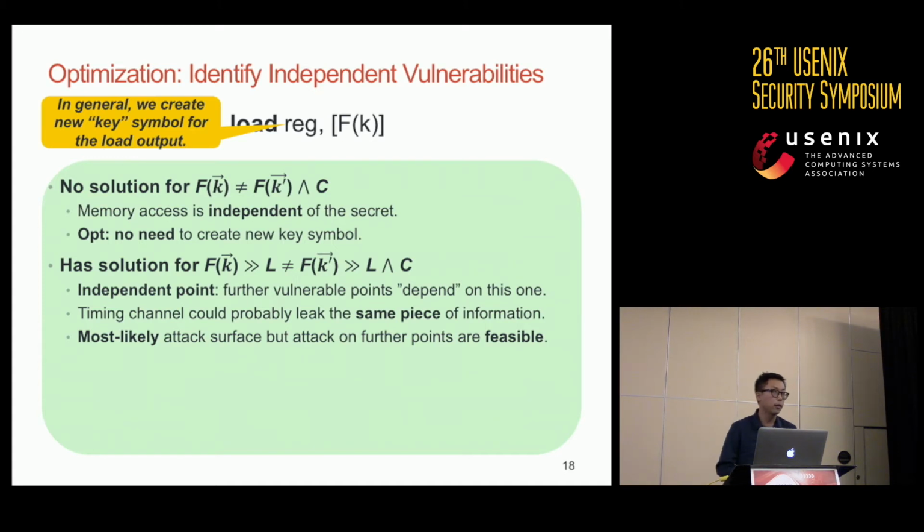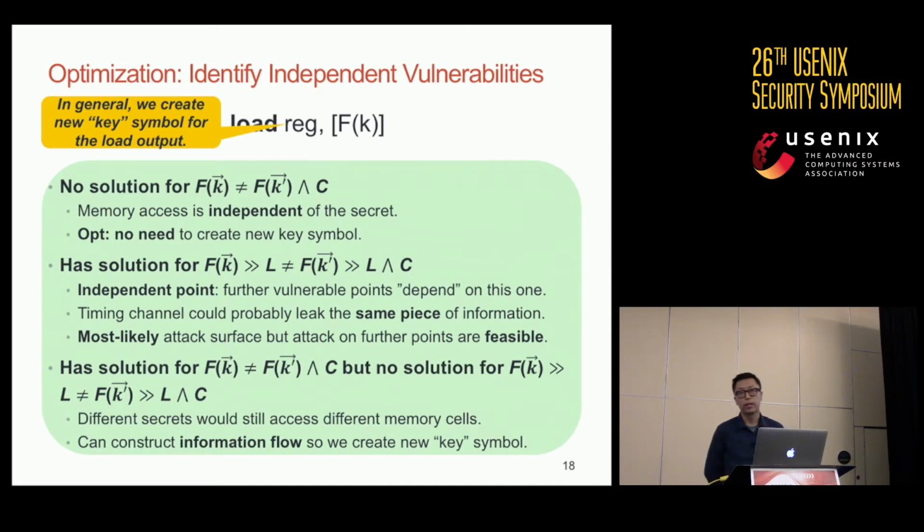But on the other hand, we assume the attack on the dependent point is still feasible, because for crypto systems, where many pre-computed data structures are widely adopted to speed up computation during runtime, it is still very likely for the attacker to analyze the memory layout of this load operation and recover some relations between the newly created key symbol and the formula fk.